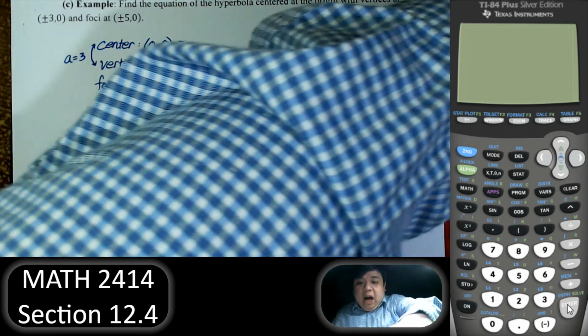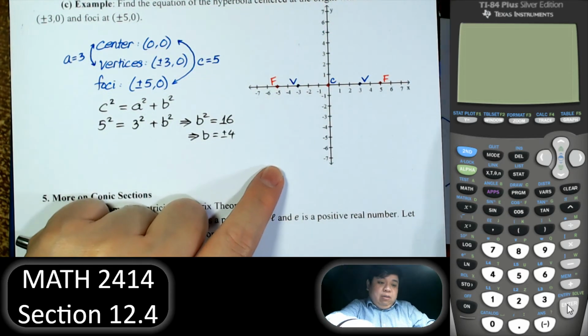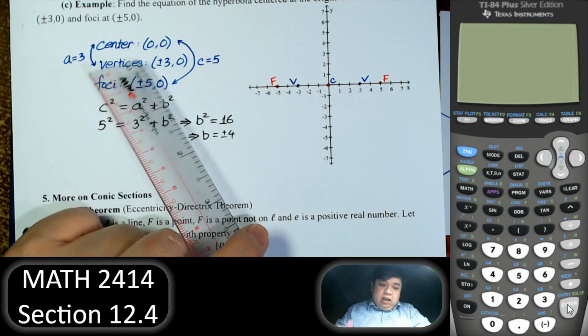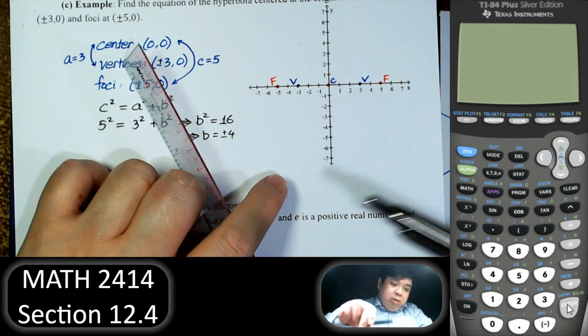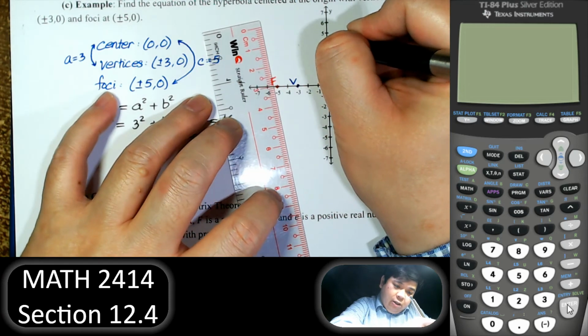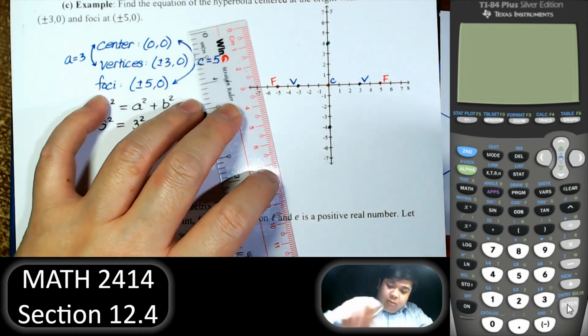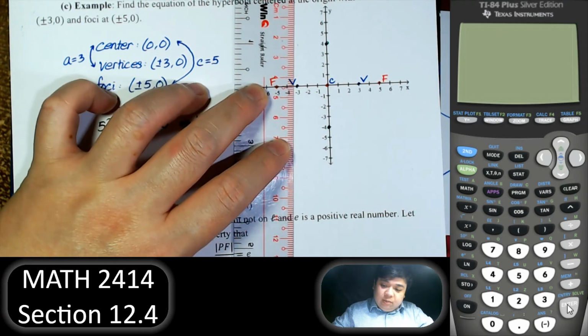Which means everything lined up vertically, except b is going to be perpendicular to it. So we have 4 up and 4 down, 3 left and right. With that we have the box.